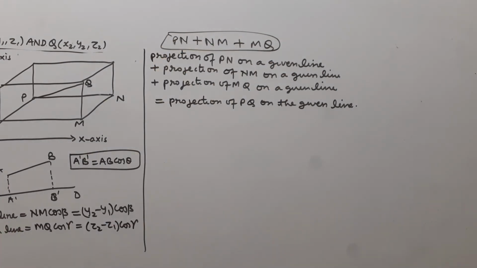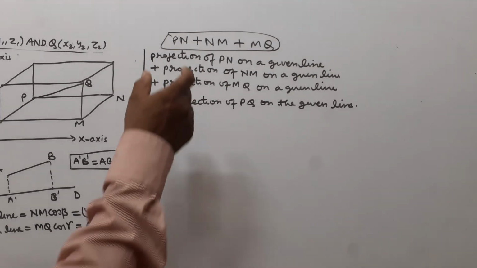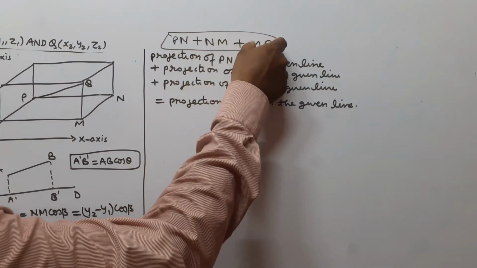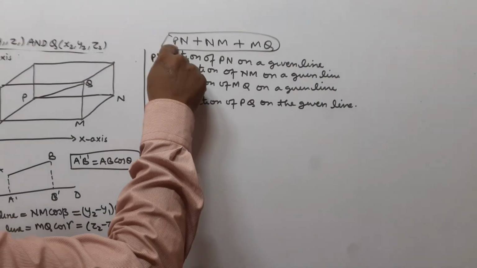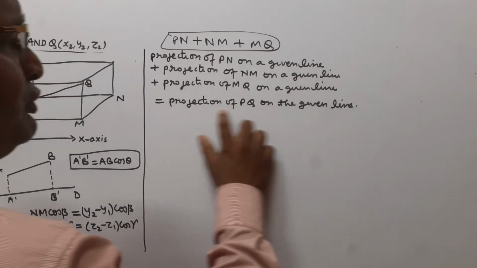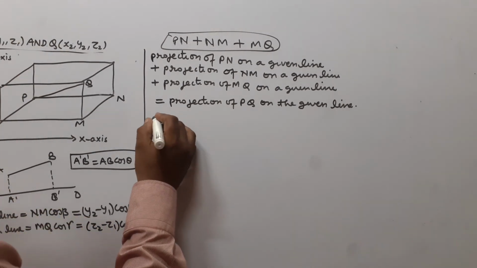From the last article, we can see the sum of the projections of the broken line is equal to the projection on PQ. Here the projection of PN plus projection of NM plus projection of MQ can be written as the projection of PQ on the given line.